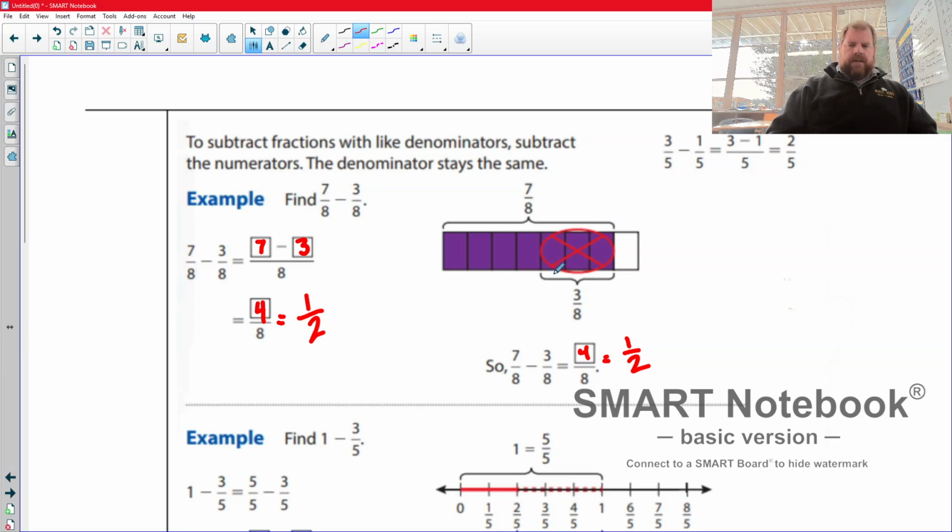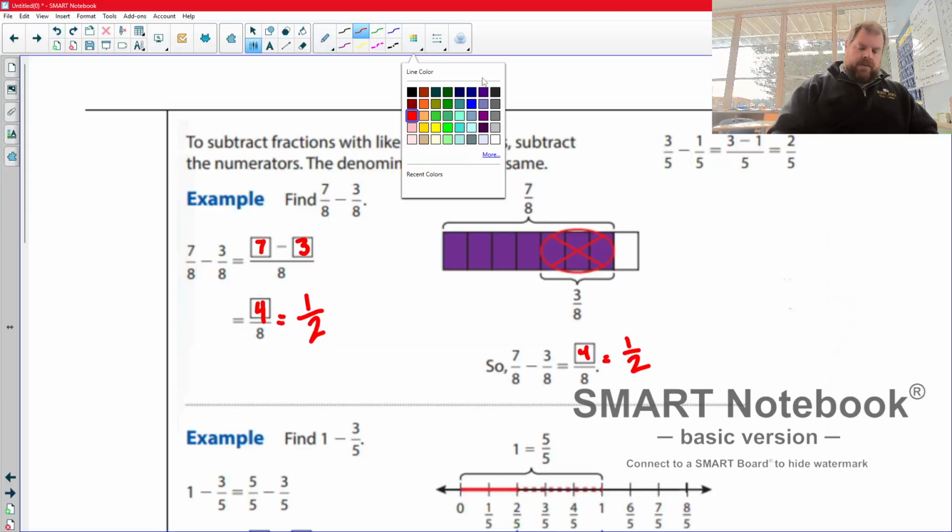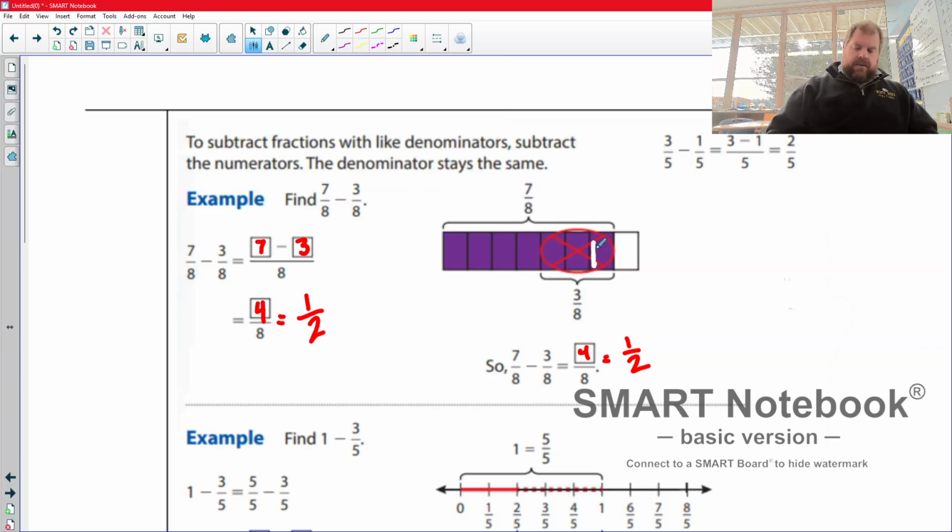This would be kind of a tape diagram or a fraction bar. A decent idea to think about here is that I have 7 out of the 8 eighths, and I'm taking 3 of those away. Right, those are going away. Or maybe a better demonstration: I could erase 3 of those. 1, 2, and 3.